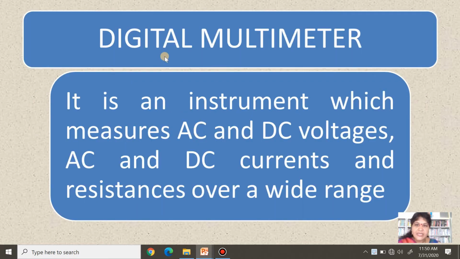The digital multimeter, or simply multimeter, is a basic instrument which is found in any of the electronics and electrical laboratories.